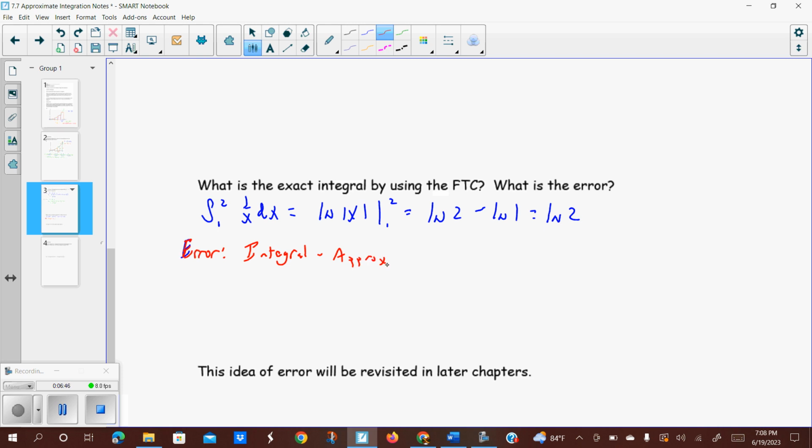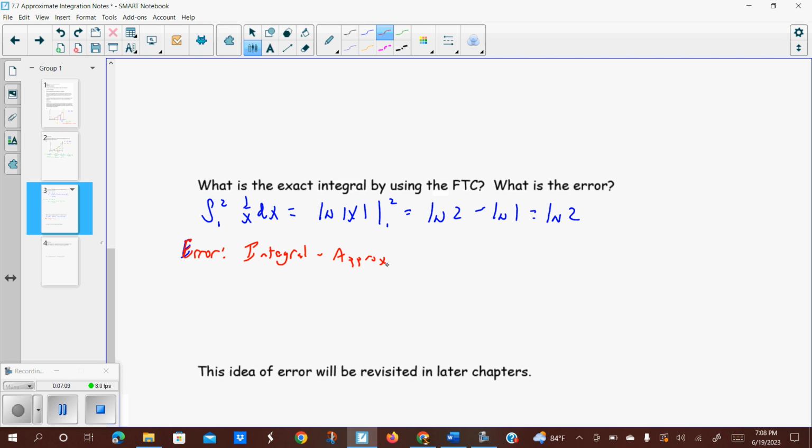There's a reason that I'm not putting an absolute value around this, because technically an error, being the distance from something, should be a positive value because it really wants to see how far away we are from the actual answer. In this case, I'm not putting the absolute value on there because whether it's positive or negative actually has a meaning to it. And I'll explain that in a second.